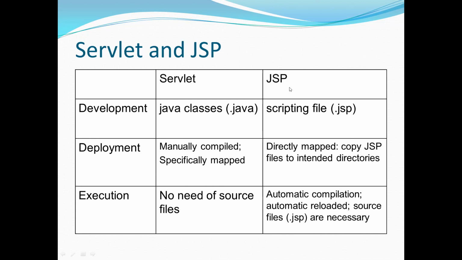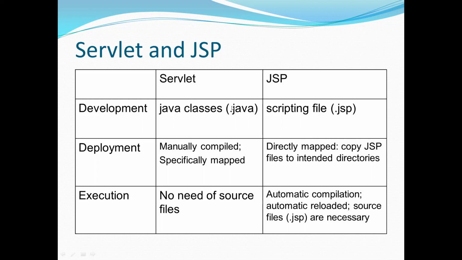But JSP is a scripting file with the extension .jsp, and it is directly mapped. You don't need to map it yourself. Just copy the JSP file into the web directory. You just need to copy and paste. You don't need to map, you don't need to compile. All the things will be done by your server.